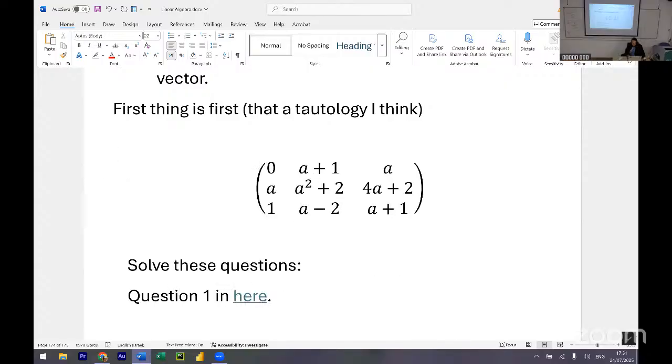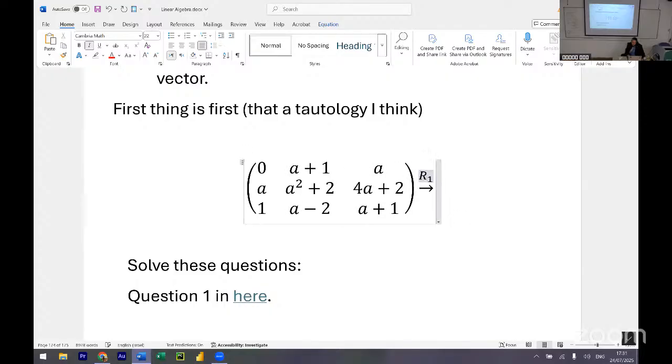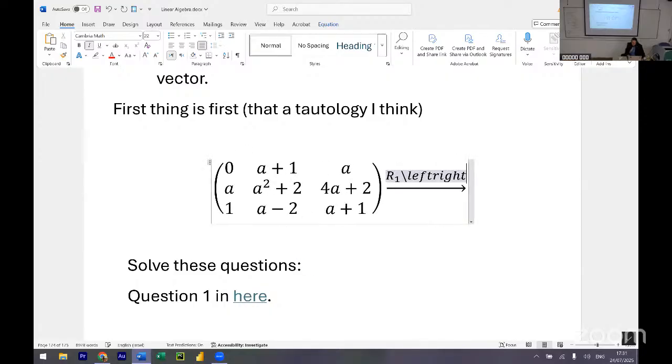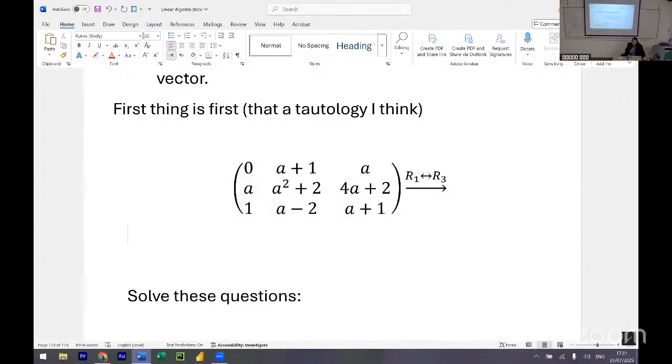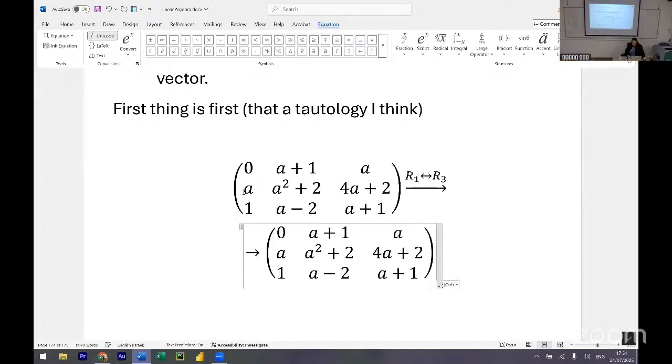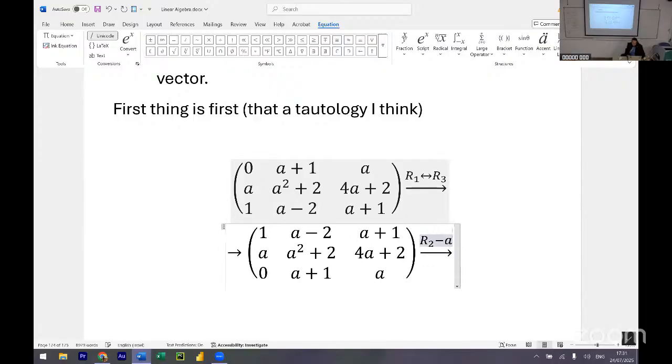So we reduce, and the first thing we'll do is R1 <-> R3, because we want the 1 up top. So this is 1, A minus 2, A plus 1, and the last one is 0, A plus 1, and A. Next, we do R2 minus A R1.